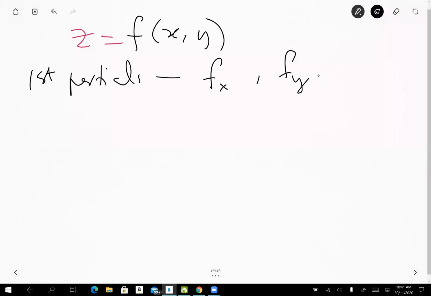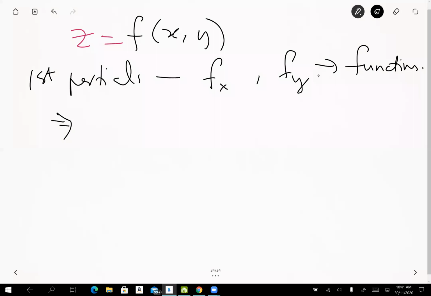Now, Fx and Fy, these are functions. You can call Fx another label. Z as a function of... because I already used Z. But think of it as another function.